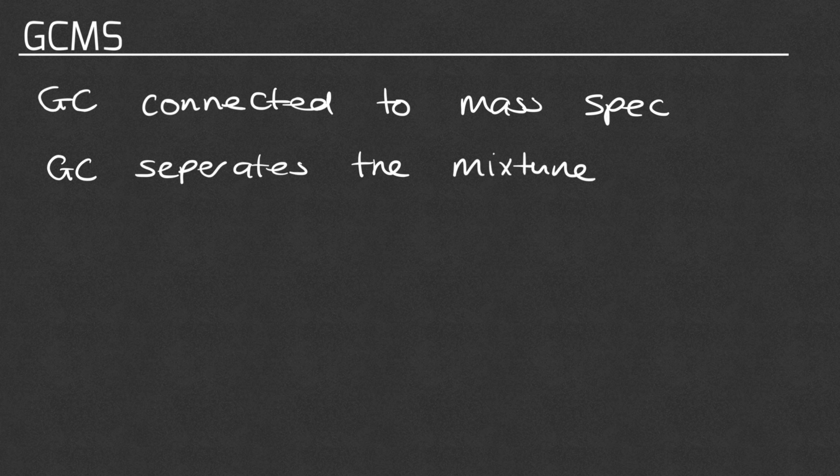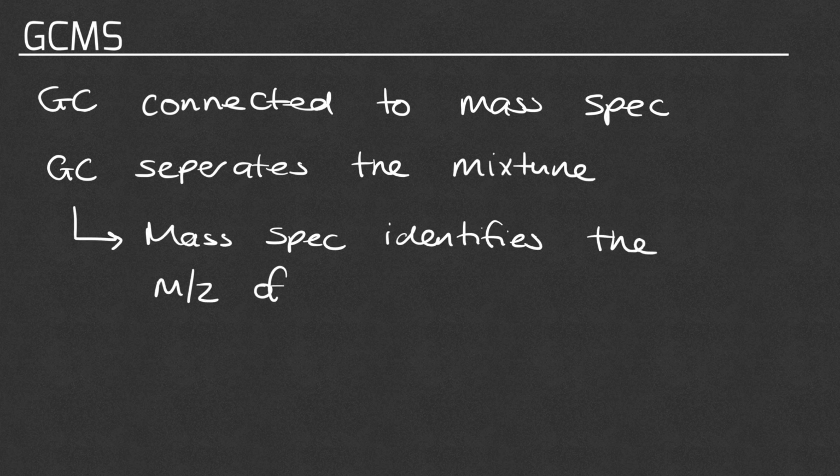So the gas chromatography machine will separate all the components in a mixture, but those components are then fed straight into the mass spec machine, which can then identify the m/z of each component. So as well as working out how many components there are and their relative amounts, we can then get an Mr of each of those components.